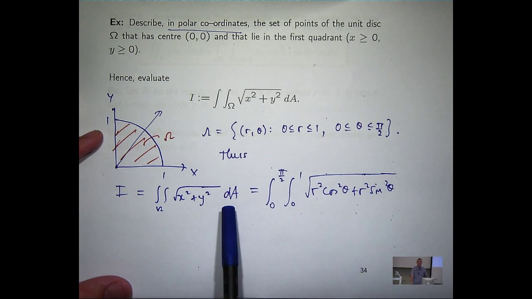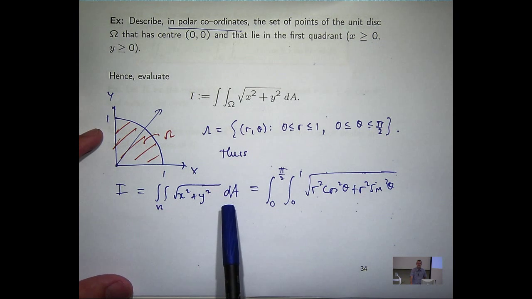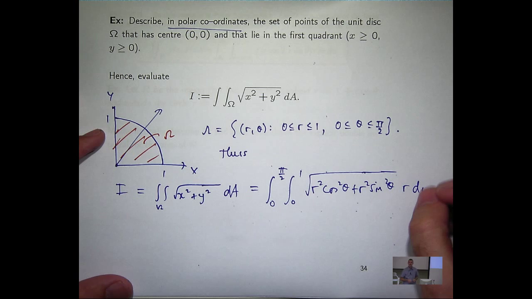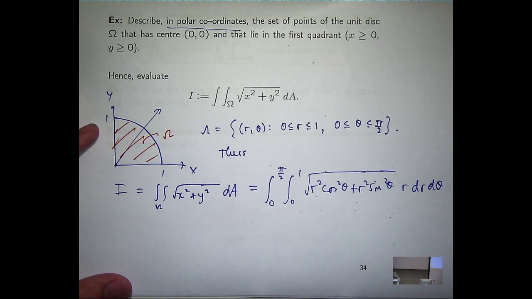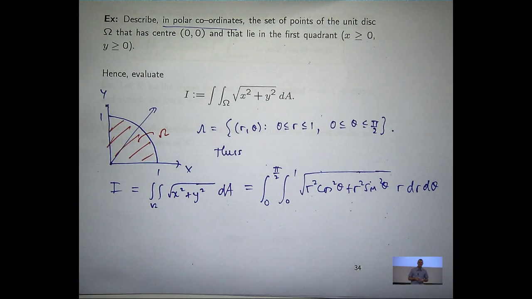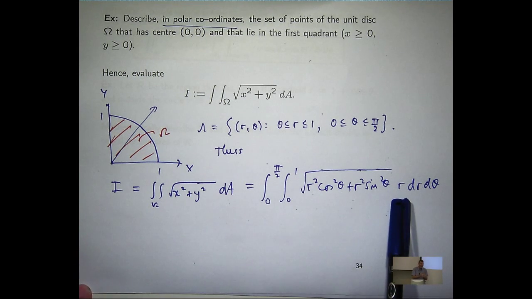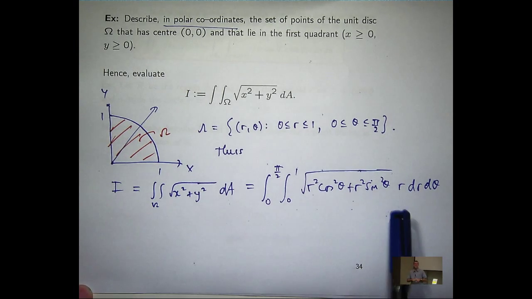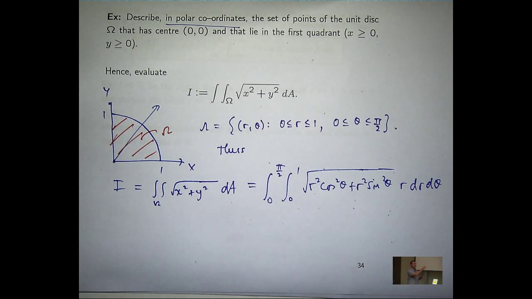And replace dA with r dr d theta. Don't forget that factor of r on the end. That's one of the biggest mistakes or oversights that students make. They get everything else right, they forget the factor of r. Even if they write it down, sometimes they forget it's there. You've got to remember we're multiplying this r with all of this. That's probably the most common mistake with these problems.